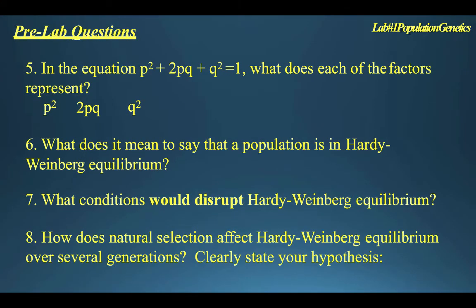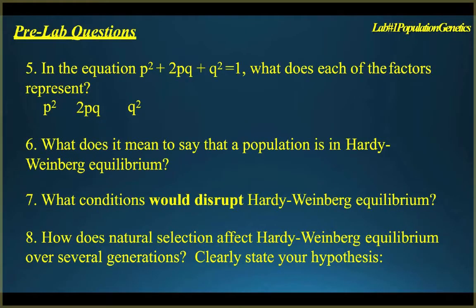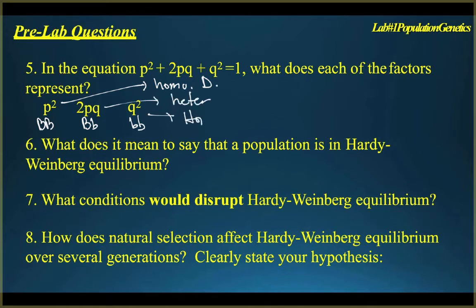In the equation P squared plus 2PQ plus Q squared equals 1, what does each of the factors represent? Well, if you remember, you could look and just write big B, big B, big B, little b, little b, little b. And then what does this mean? This means homozygous dominant. This means heterozygous. And this means homozygous recessive.